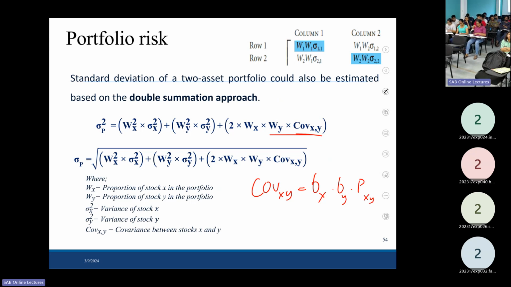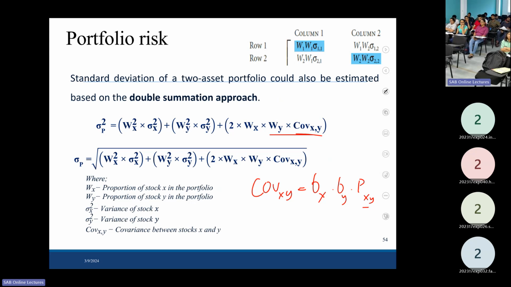You should know the importance of the correlation coefficient, because by looking at it you can identify whether, by combining these two stocks in the portfolio, you can get a diversification effect or not.